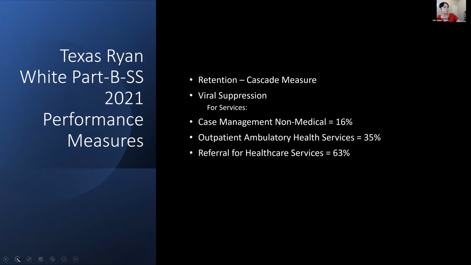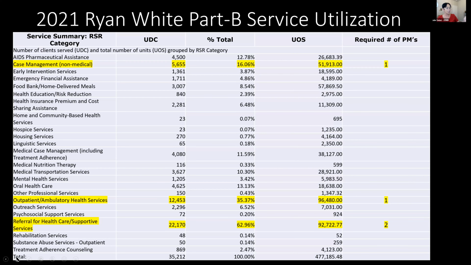As you can see, non-medical case management was at 16, outpatient ambulatory 35, and then referral for healthcare 63. So we know we need at least 2 measures for referral, and the others just need 1, but we're just going to go ahead and do 2 for all 3 of them because we're interested to know. There's how I pulled the data.